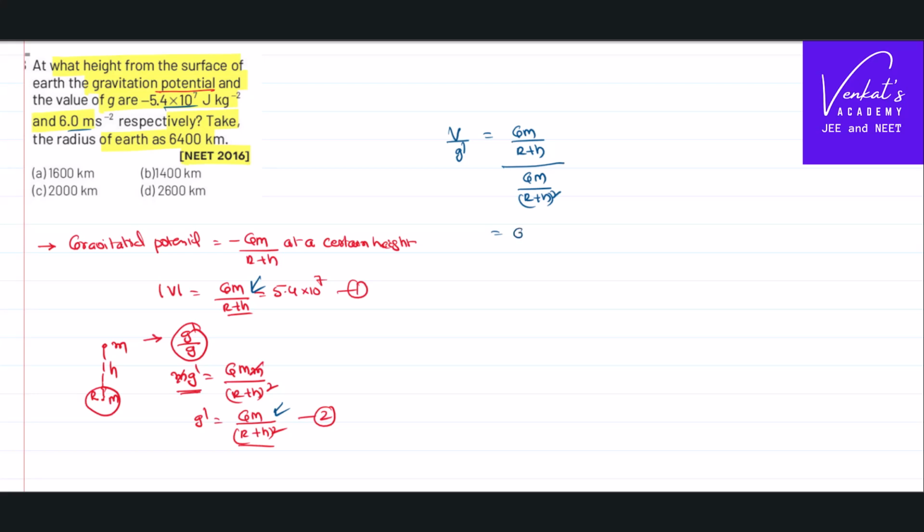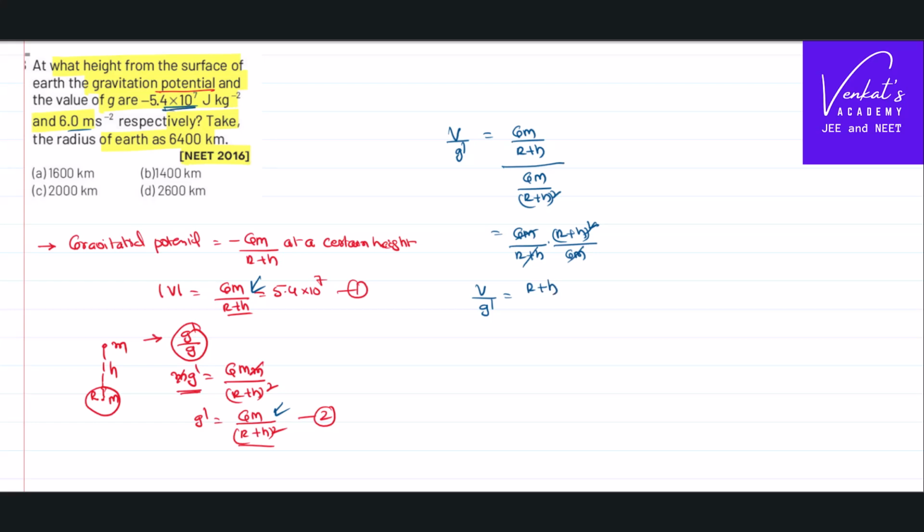The denominator of the denominator goes to the numerator, GM cancels, and r plus h cancels once. Then V by g dash is r plus h.